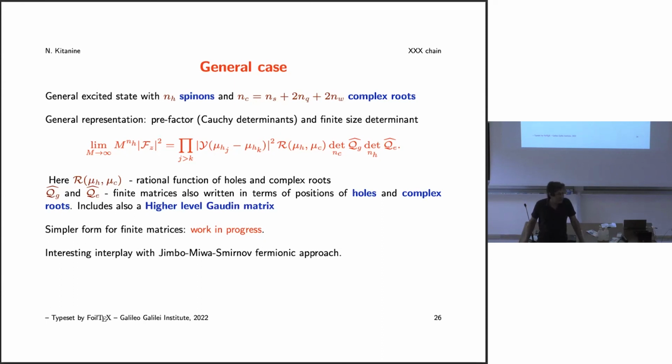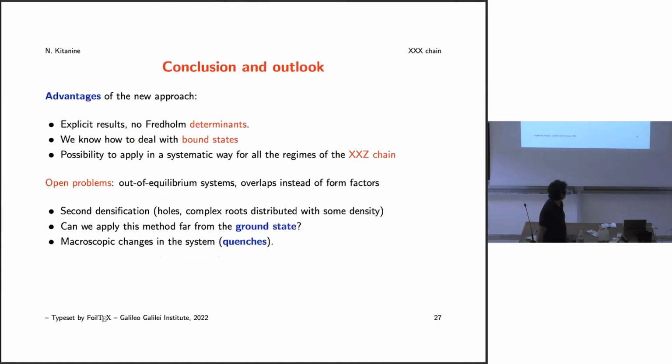So if we do a second densification, if we densify the holes, then it will be possible, I think, to go to finite temperature, to go to some non-trivial overlaps for, I don't know, out of equilibrium problems. For me, it's interesting. For this reason, I want to simplify these determinants, to see how it behaves when the number of excitations becomes again infinite.